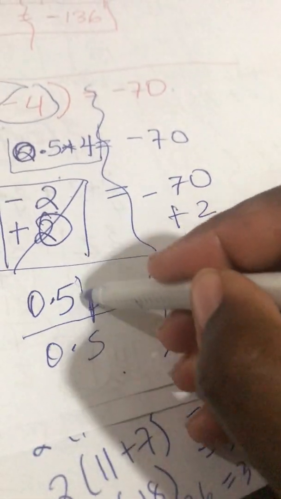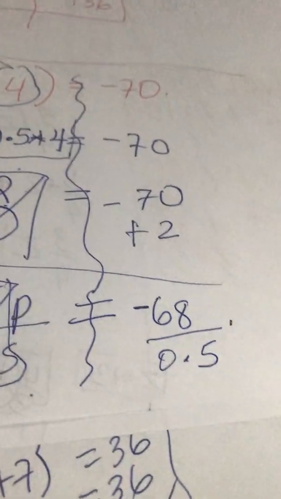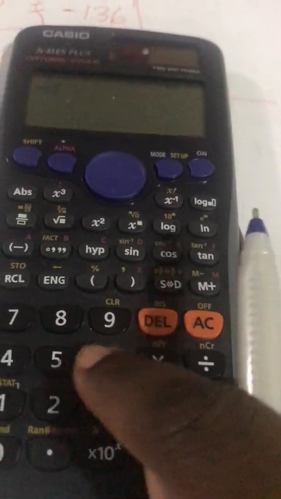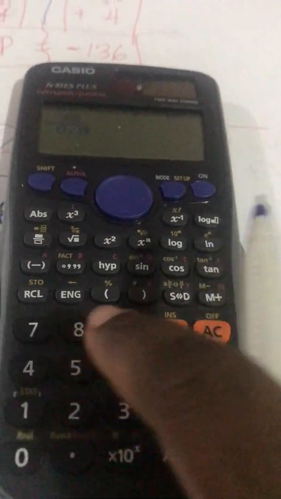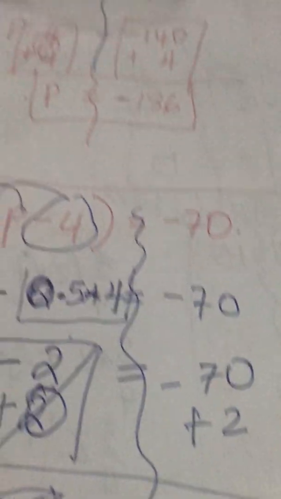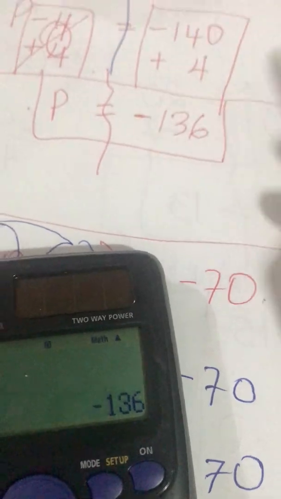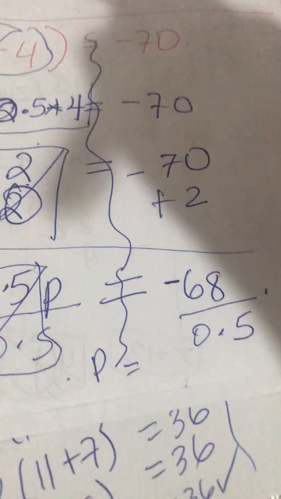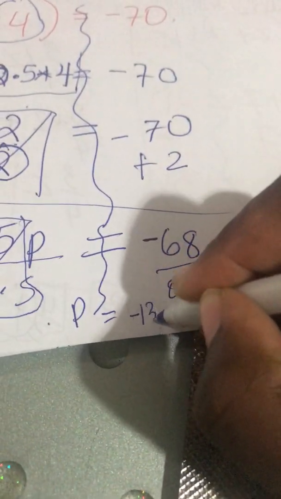This goes away. And then over here, negative 68 divided by 5/10 is negative 136, which is there. See? It matches that one. So P equals negative 136.